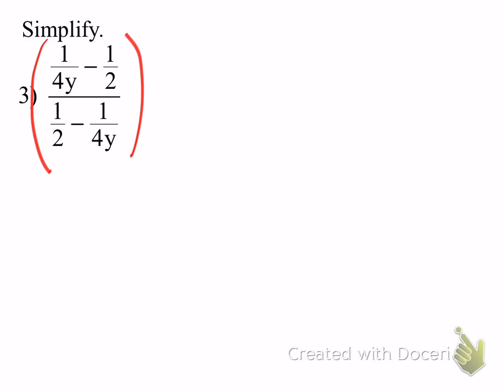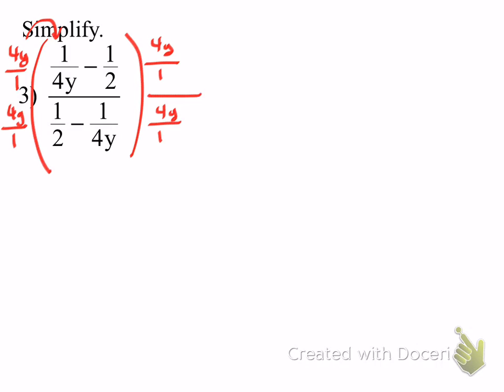I'm multiplying everything by 4y over 1, 4y over 1, 4y over 1. Now, 4y over 1. All right, when I distribute, what do I have? Kyle, first one.